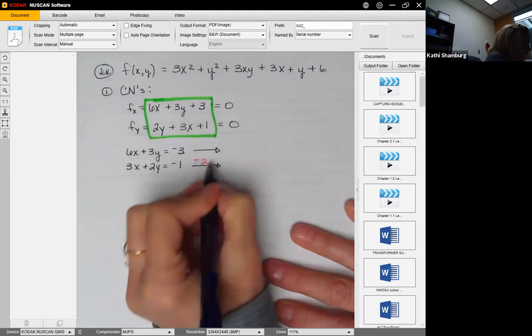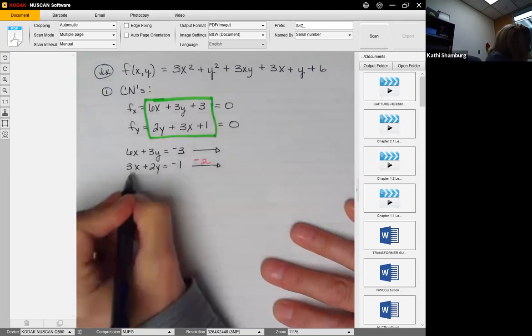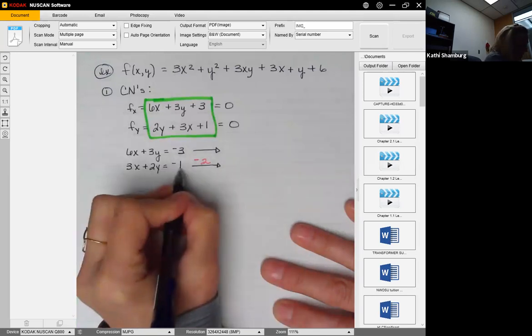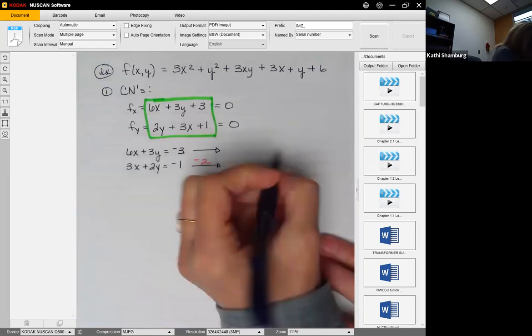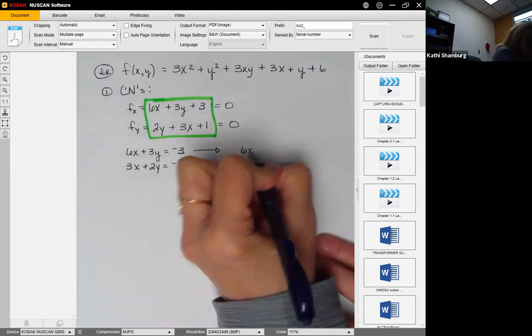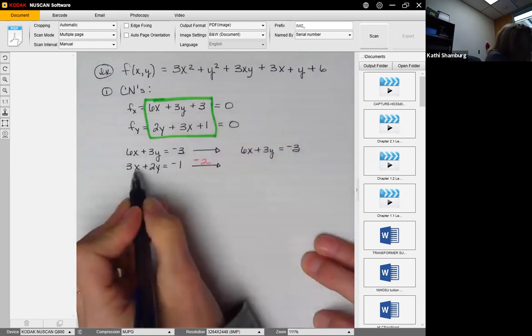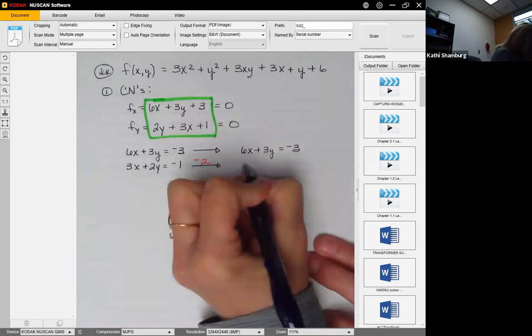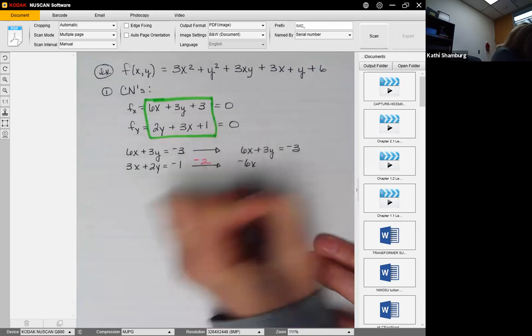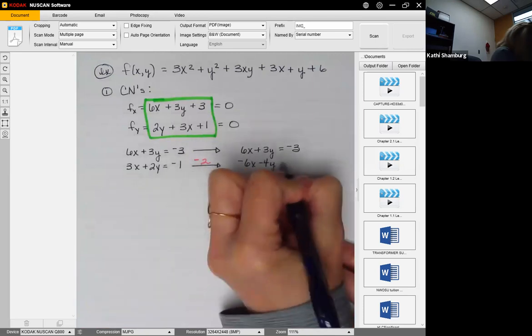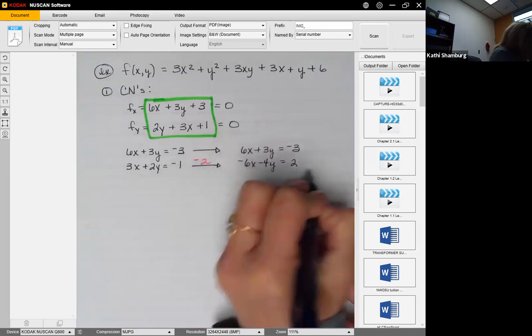Don't forget, you have to multiply this -2 times every term in this equation. The first equation I'm going to leave alone. Now I'm going to multiply each one of these by -2. So I would get -6x minus 4y equals 2.